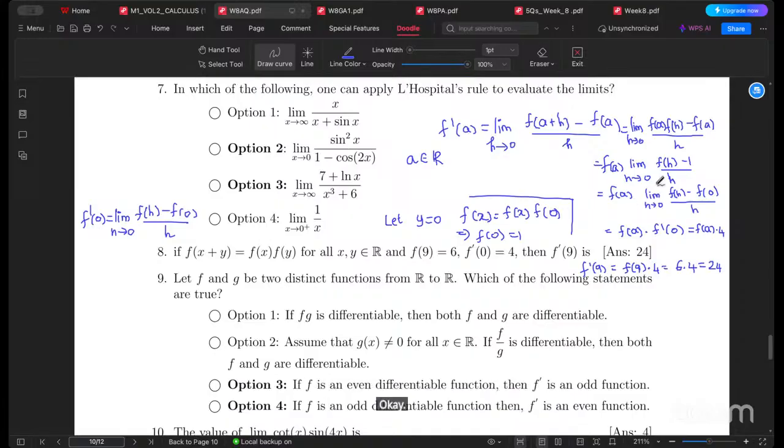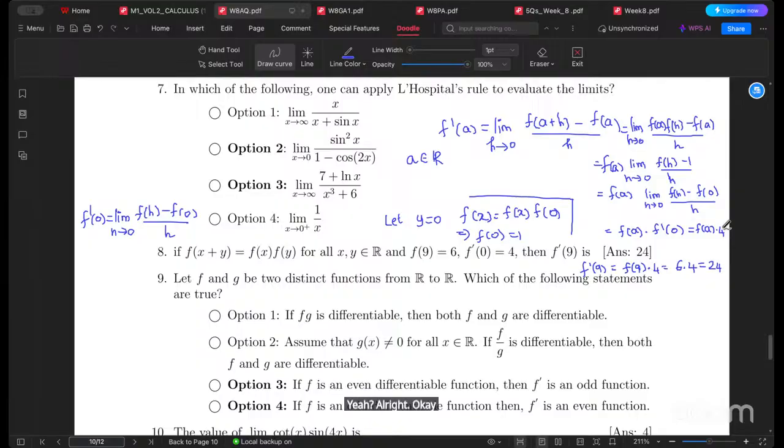This part is nothing but f dash of 0. If you just apply the formula with a equal to 0, you will get that this is nothing but f dash of 0. And already we have that f dash of 0 is given to be 4. So it is just replacing f dash of 0. Got it? Yeah. All right.